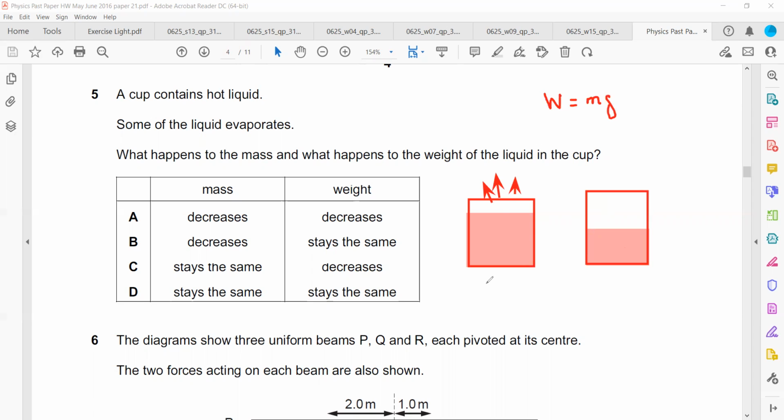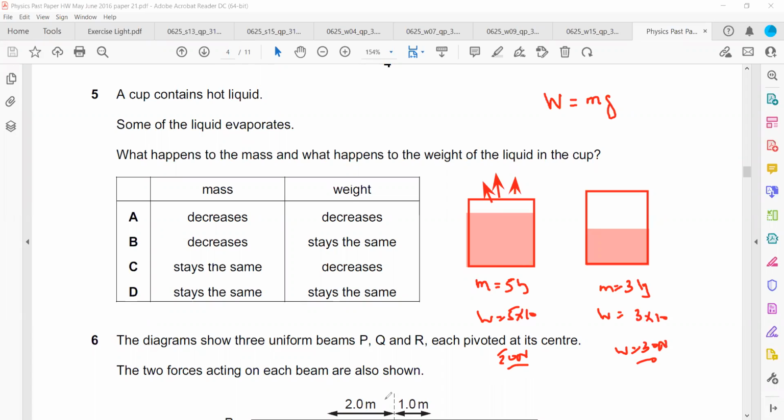If I say the mass was 5 kg here, for example, and at this point the mass is 3 kg. So what is the weight here? 5 multiplied by 10, that is 50 Newton. Whereas the weight here is 3 multiplied by 10, so that is equal to 30 Newton. So the weight of an object can be decreased in two ways.